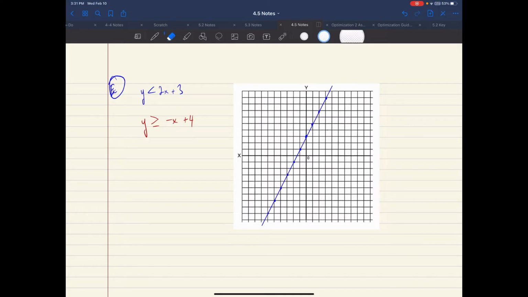And this is less than, and it does not have an equal sign, so I'm going to delete portions to make it dashed. And then the next line, negative x plus 4. So go to 4. It's a slope of negative 1. I'm just going to draw a couple points here so I don't get too crazy.